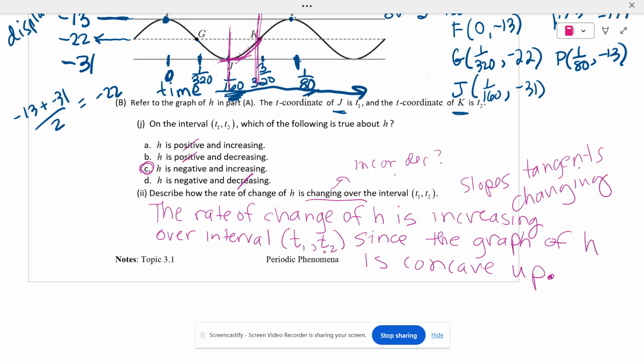Okay, you can't just say since it is concave up, right? This is super important that you describe exactly what you're saying. Graph of H, you're not saying it, right? So no "it." That's very vague, and AP hates that.